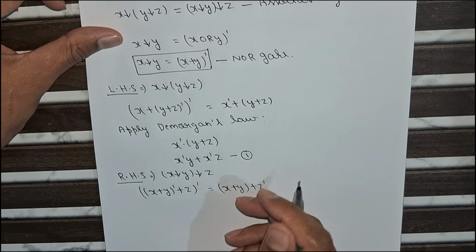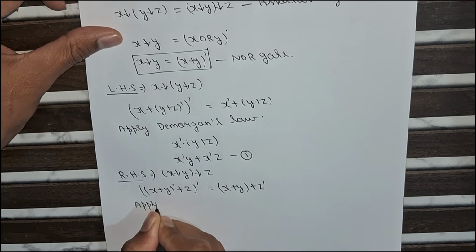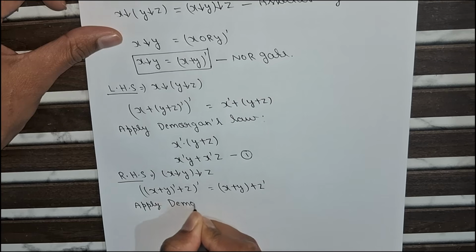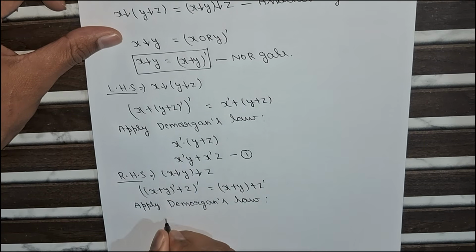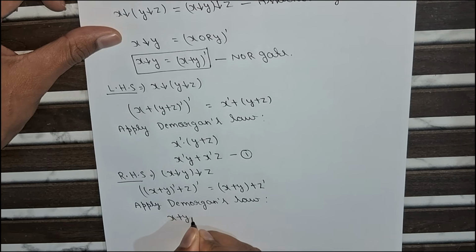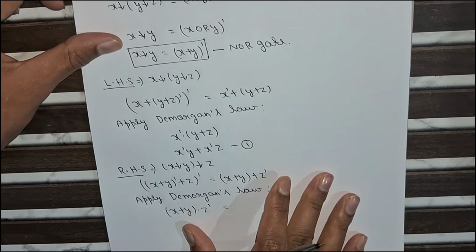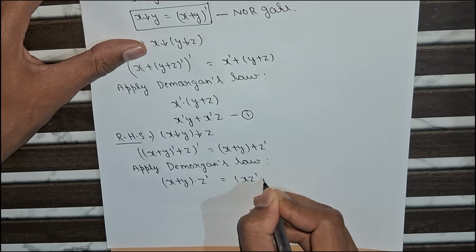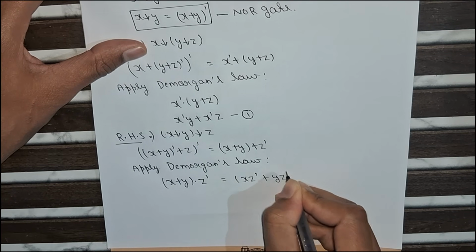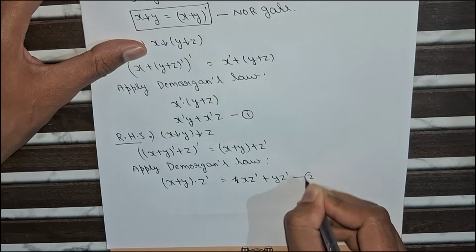So now again we will apply De Morgan's law in this equation. We will get (x plus y), here AND operator, then z complement, and we can write it as x z complement plus y z complement. So this is our second equation.